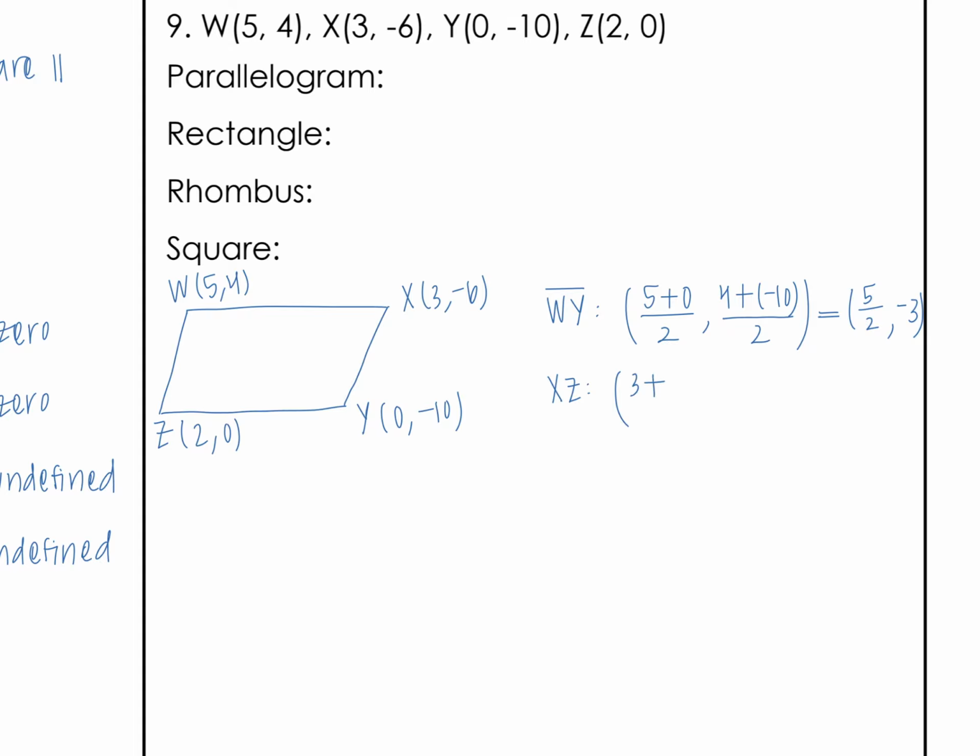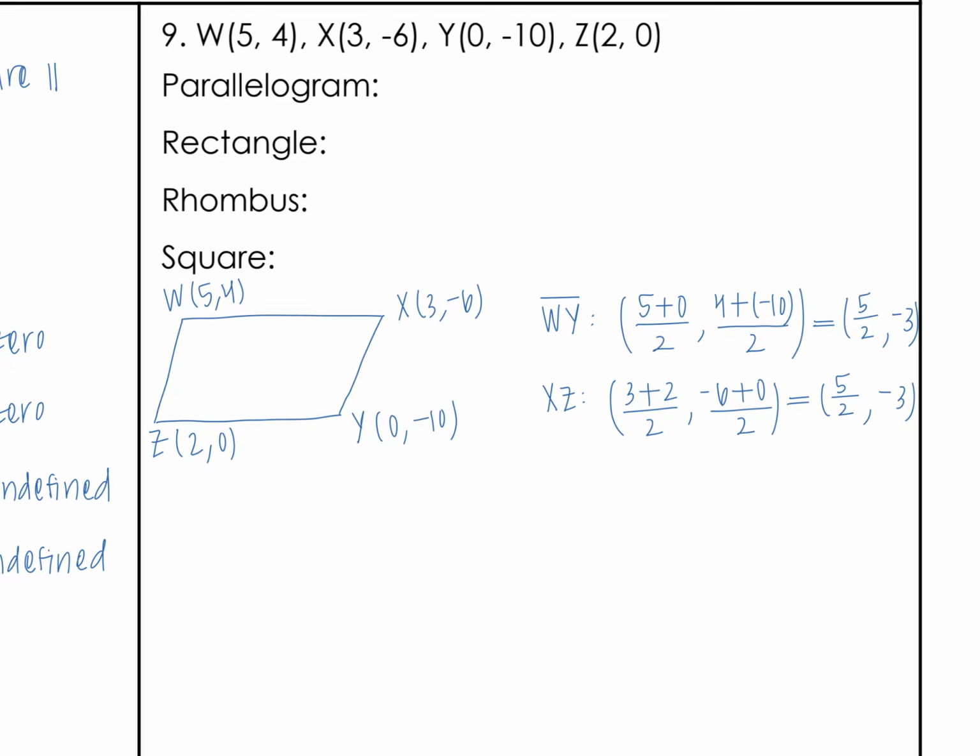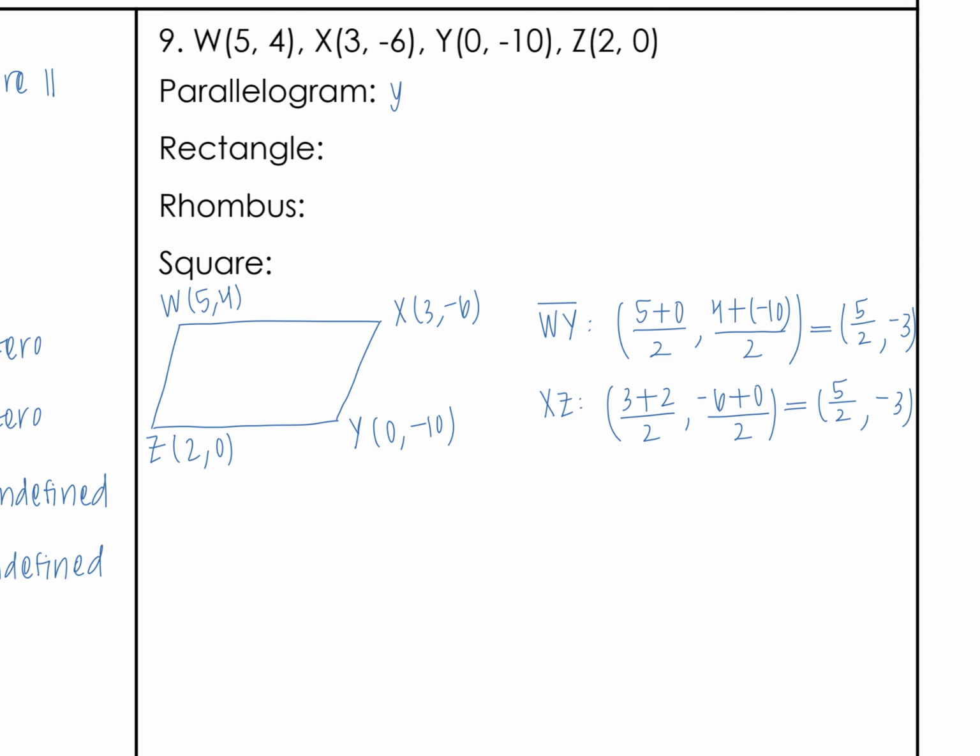So 3 plus 2 divided by 2, negative 6 plus 0 divided by 2. 3 plus 2 gives me 5. So I'm going to have that 5 halves again. And then that negative 6 plus 0 leaves me with a negative 6 divided by 2 gives me negative 3. Okay, so based off what we've just determined, we can say, yes, this is a parallelogram because the diagonals bisect each other.